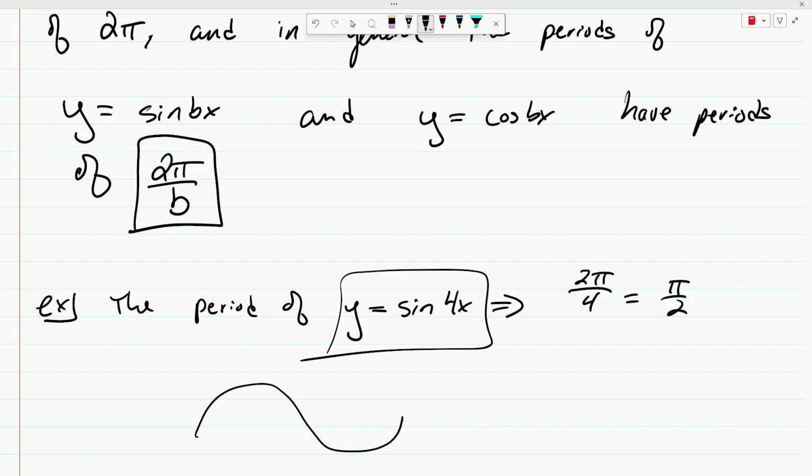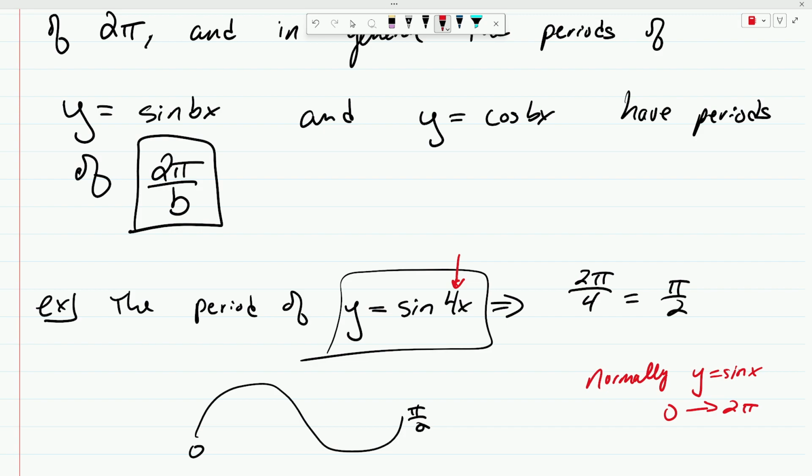It's going to happen from 0 to pi over 2. Normally, y equals sine of x goes from 0 to 2 pi. So notice this number out in front actually shrinks the amount of time it takes to oscillate.